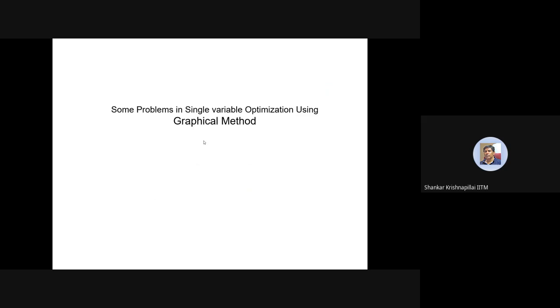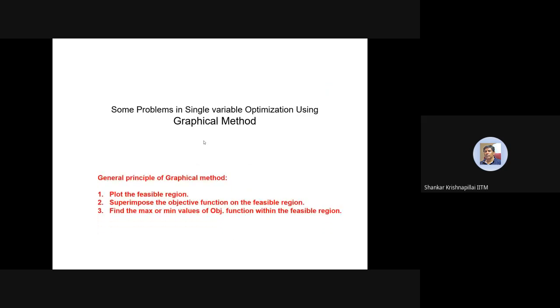It can be used for two variables, x and y. If you have three variables, it will give a three-dimensional image and you cannot use graph paper, so it is useful for problems up to two variables.